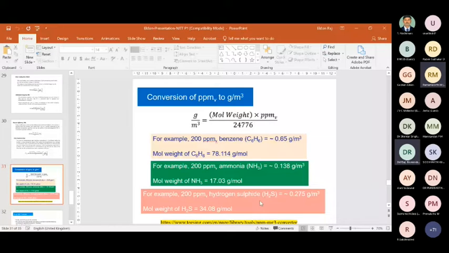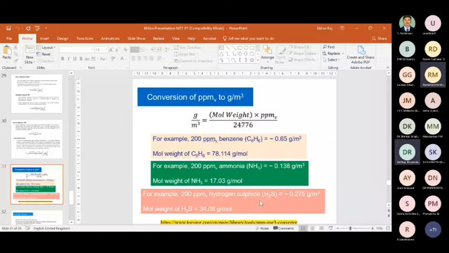The 24,776 comes from the ideal gas law conversion at 25 degrees centigrade. This is the standard conversion of ppmV to gram per cubic meter, and usually for gas phase pollutants, we use gram per cubic meter.